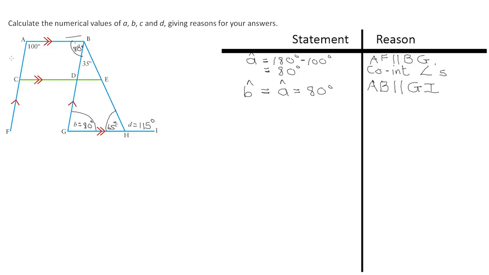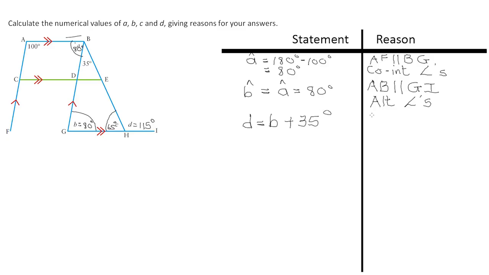That is alternate angles. Now we have B. We can immediately move to D is equal to B plus 35.